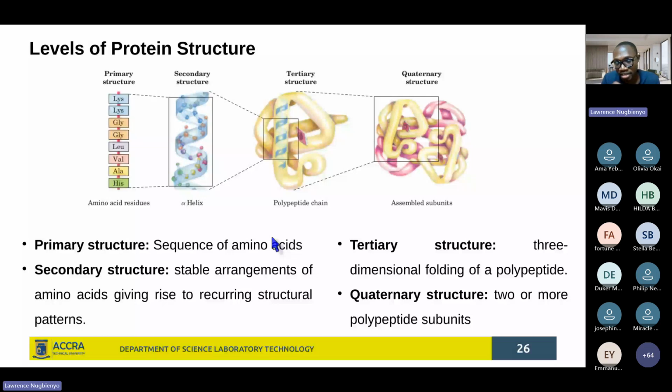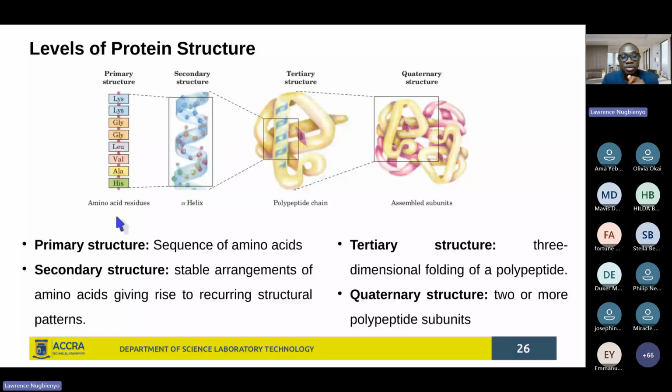Now, protein structure is referred to in 4 different levels. The first is primary structure. The primary structure of protein only refers to the sequence of amino acids that are in a protein chain or in a peptide chain.